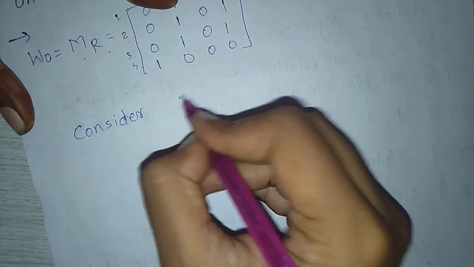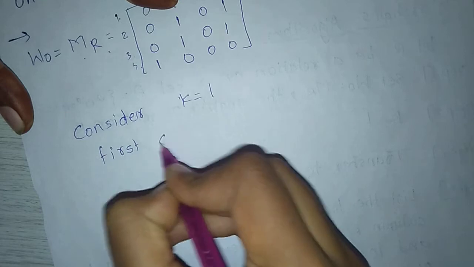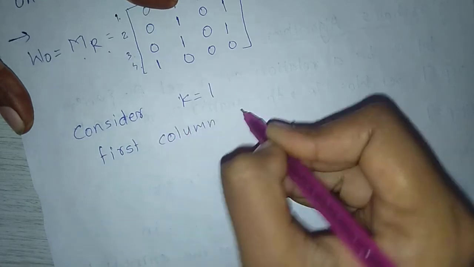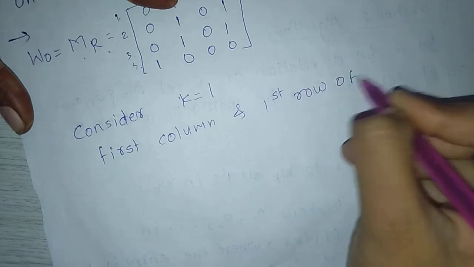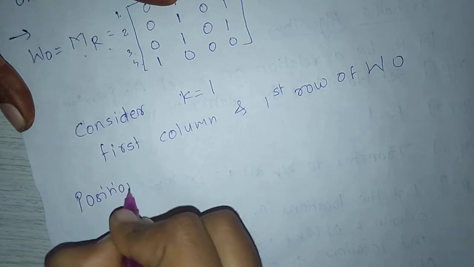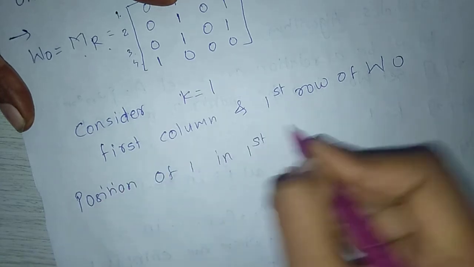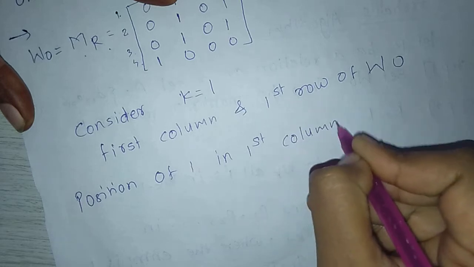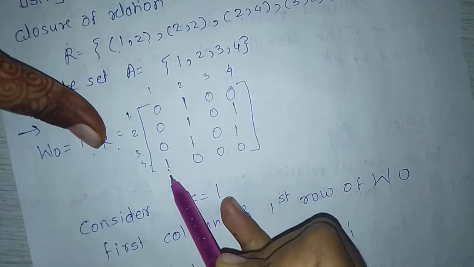Consider first column, which means K equal to 1, and first row of W0. Positions of 1 in first column: the position of 1s in first column is nothing but the 4.